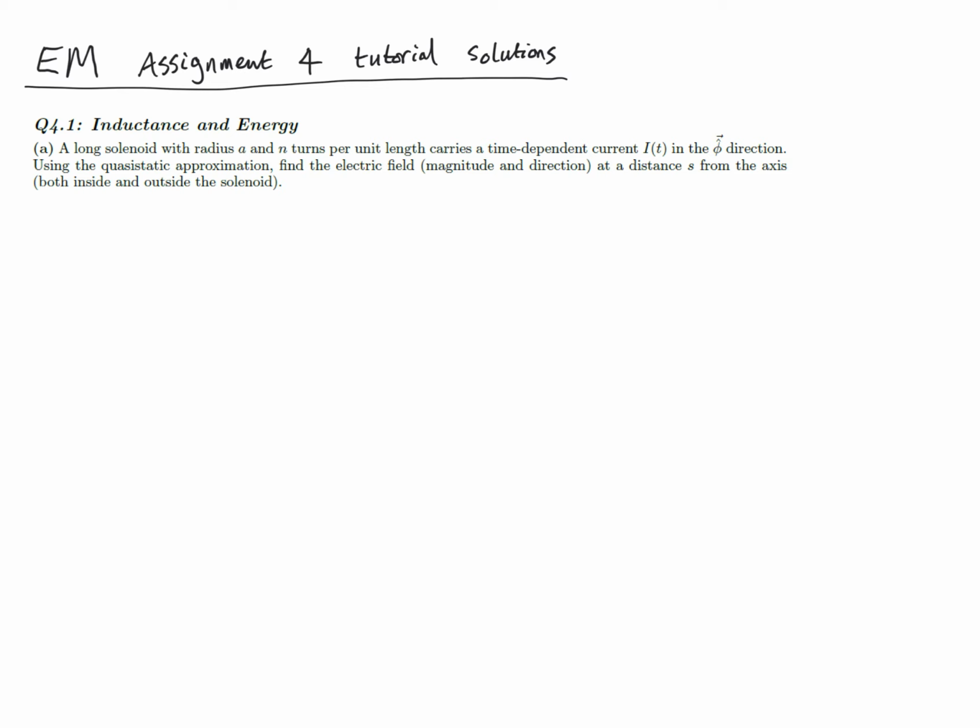Here, because we've got a time-dependent current I of t, we're looking at a dynamical problem. However, within the quasi-static approximation, the idea is we use the Biot-Savart law to calculate the magnetic field due to the current, but then we just endow that magnetic field with a time dependence inherited from the time dependence of the current.